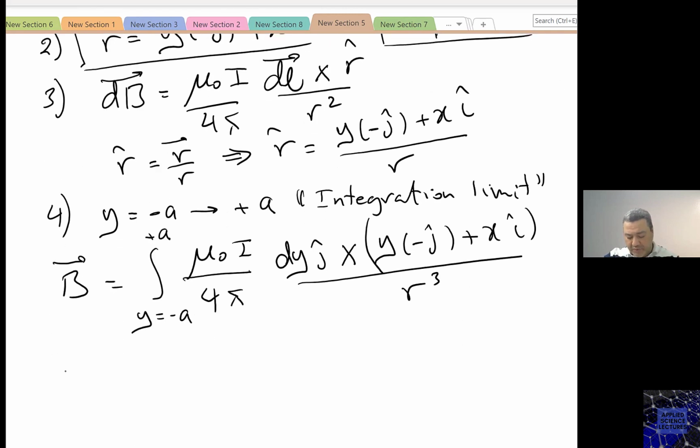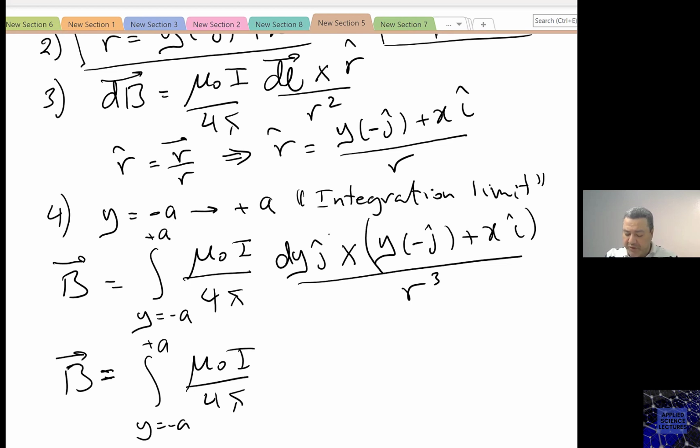So now I can put everything together. B equals the integral. So you can see there's not much difference with the electric field that we have derived, except that here we're using the cross product. So it is similar. I have y from minus a to plus a, mu naught I divided by 4 pi.